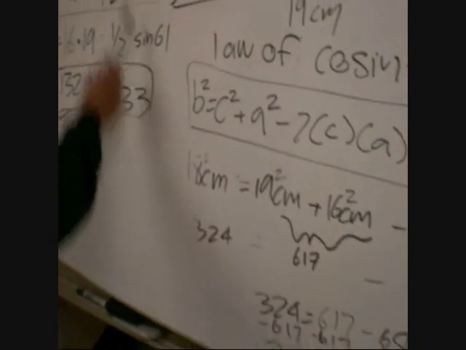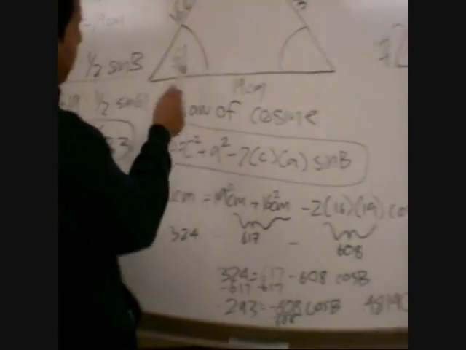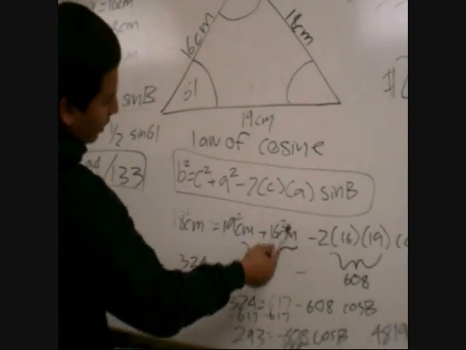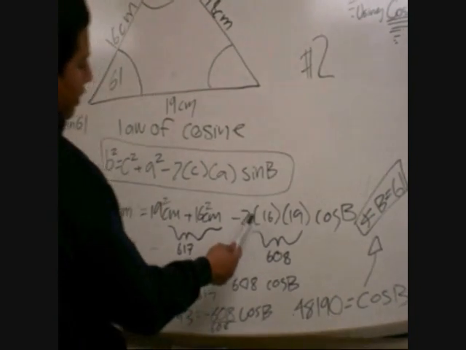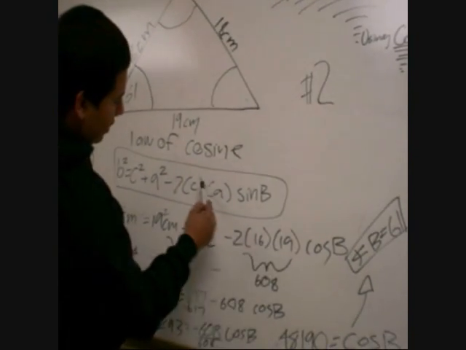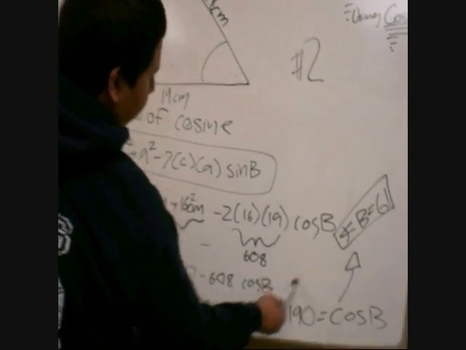So we have b, 18 centimeters squared, equals 19 centimeters squared plus 16 centimeters squared, minus 2 times 16 times 19, and then the cosine of b.